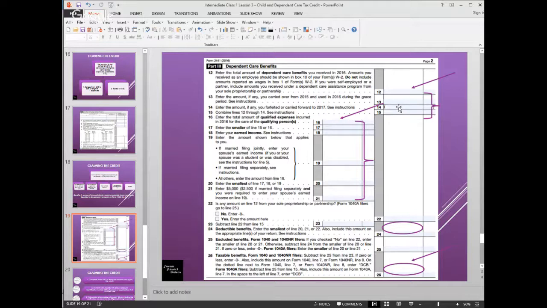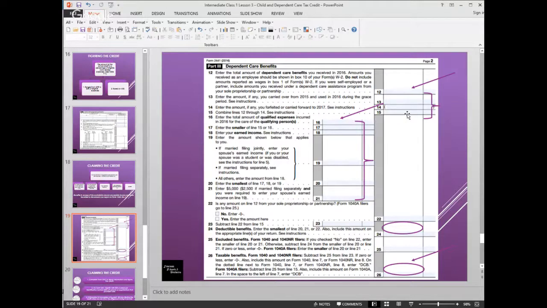Then you're going to do the math here and come up with the total. And this is the total of care dollars that are with your employer. The next thing is to enter the total amount of qualified expenses, and you're going to look at the smaller amount, either line 15, the amount that was eligible, or line 16, the amount that you actually spent.